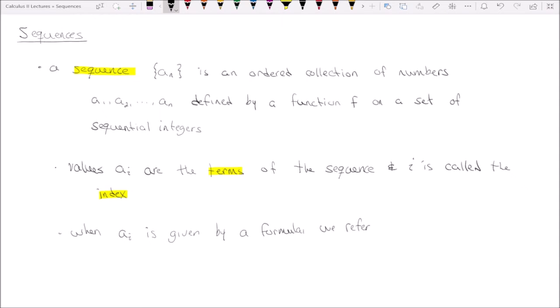We refer to the function f of I as the general term, or the explicit formula, of the sequence.